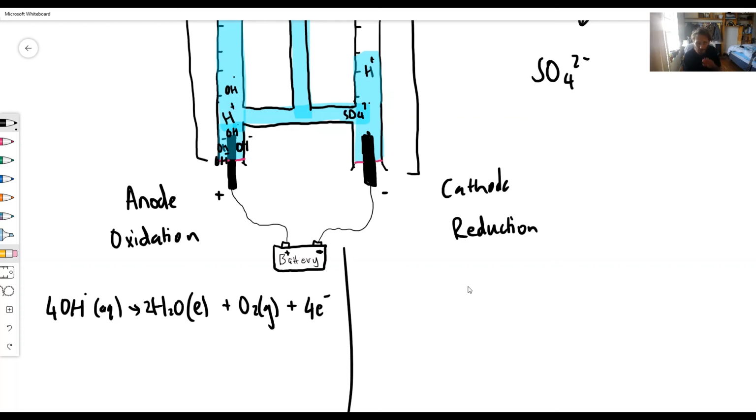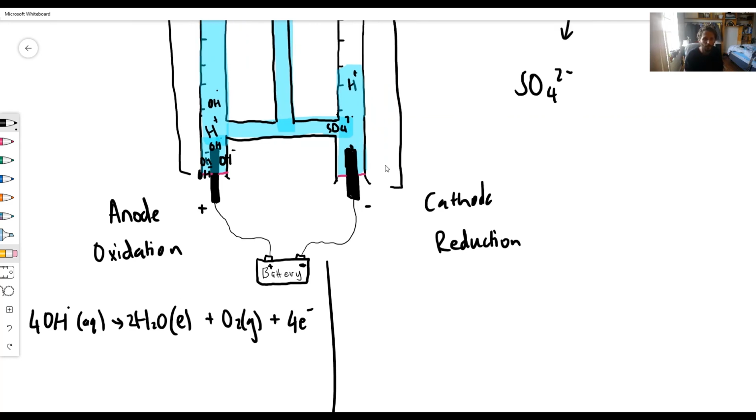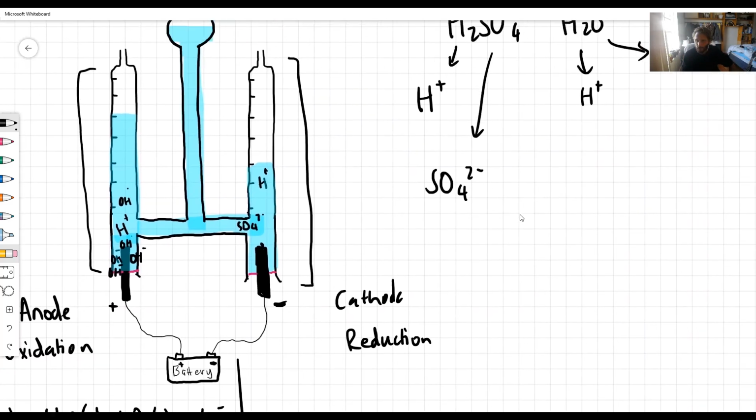Now what's happening at the cathode? We have a negative terminal, so the only thing that's positive from the ions that are dissociated is the H+.